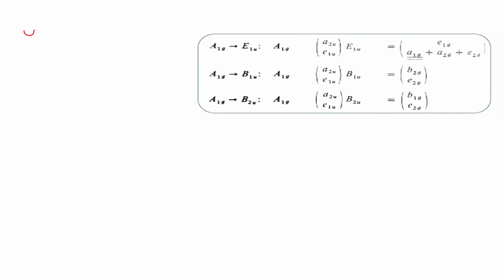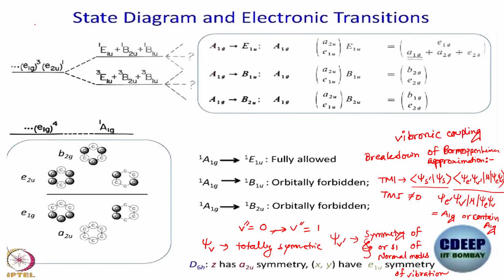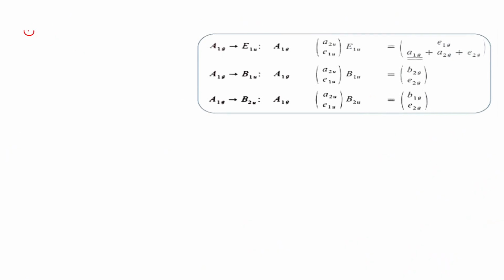So what we are discussing is that now we can simplify this whole thing into, suppose we are discussing psi e dash, psi v dash into mu, psi e, psi v. So we already got to know that these two are A1G, right?